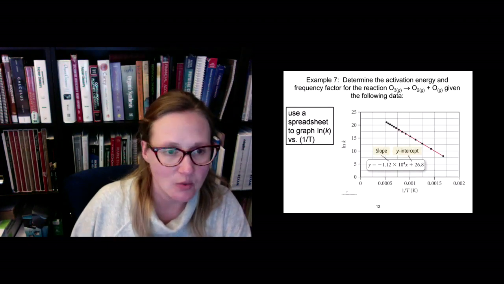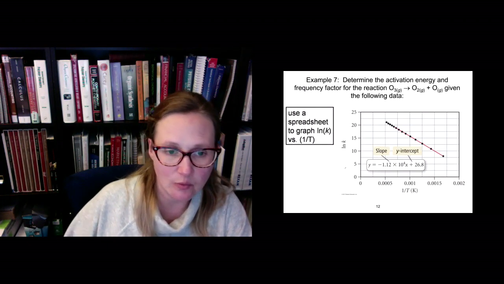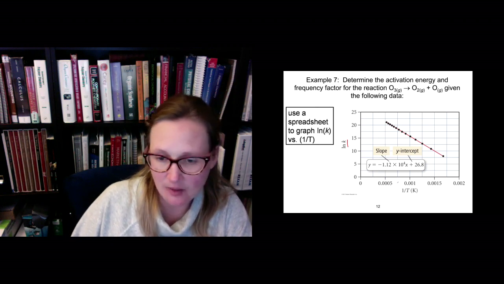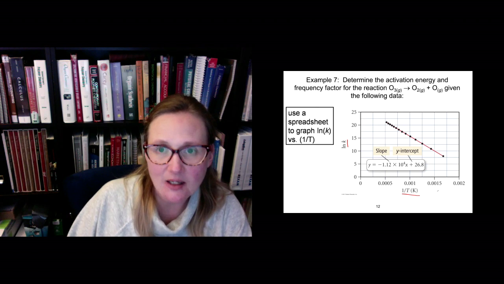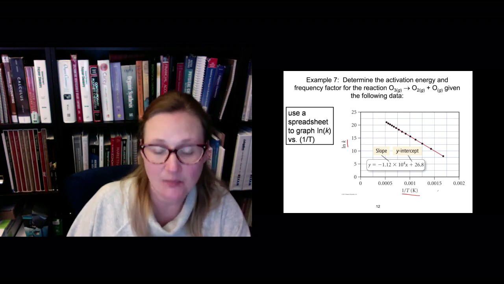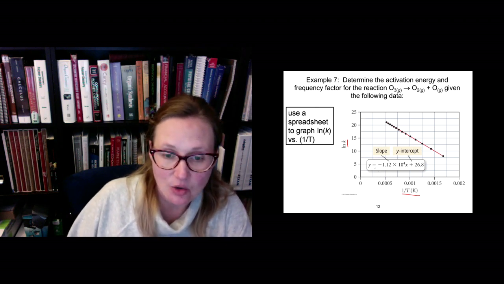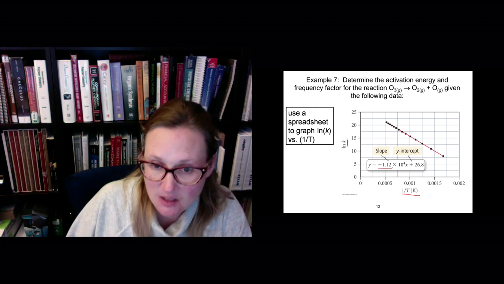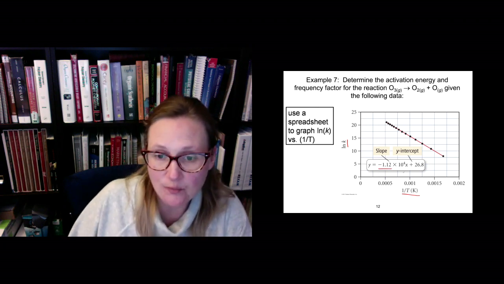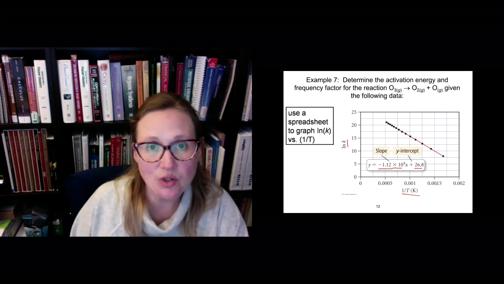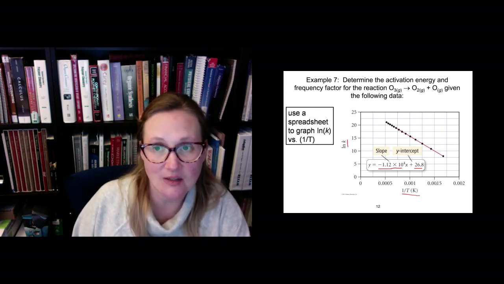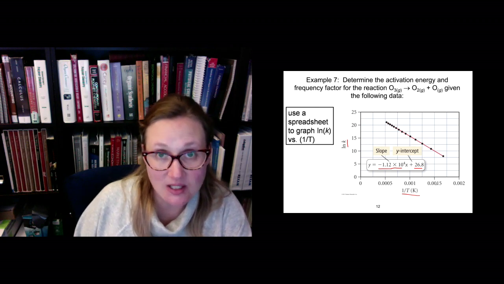When we do that, we're plotting again the natural log of k versus 1 over T in Kelvin, and we get an equation for the line because this is linear. Our slope is minus 1.12 times 10 to the fourth, and our y-intercept is 26.8. So we can use those values to determine the activation energy and the frequency factor.